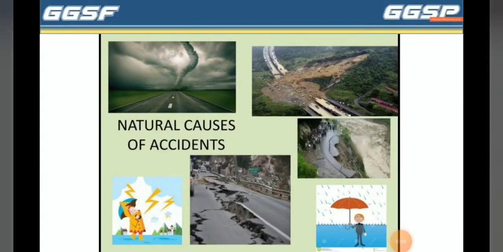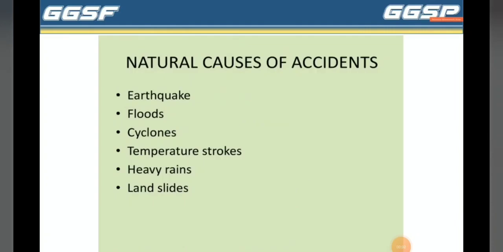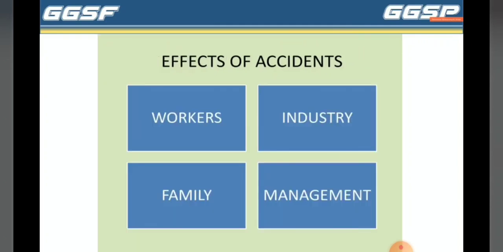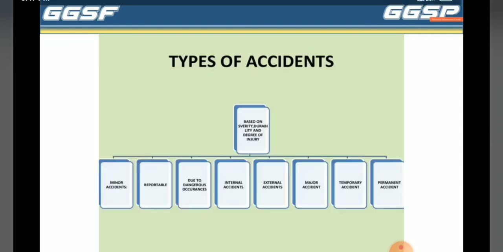Natural causes of accidents are earthquake, floods, cyclones, temperature strokes, heavy rains, landslide. Effects of accidents on workers, industry, family, management, etc.